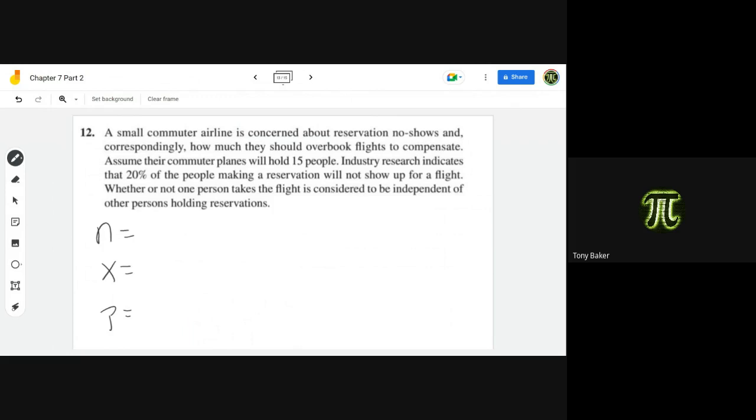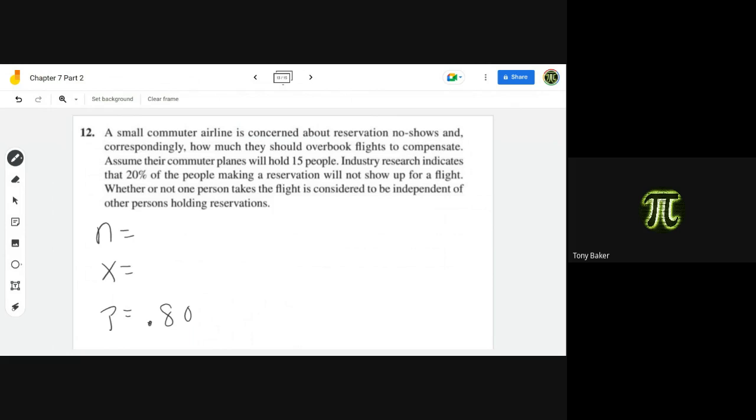What would success be in this situation? People show up for the flight, right? 0.8. Correct. So my P is going to be 0.8, not the 20%, because that's they didn't show up, and we want success. We want that they showed up.